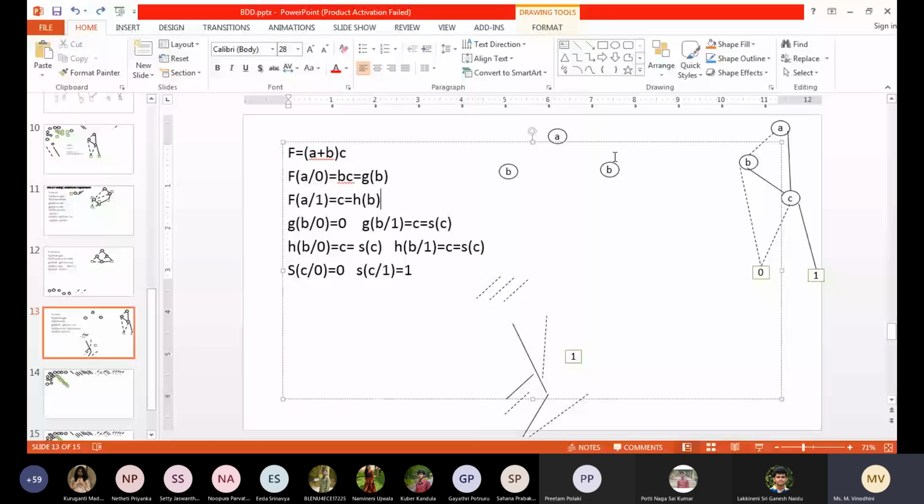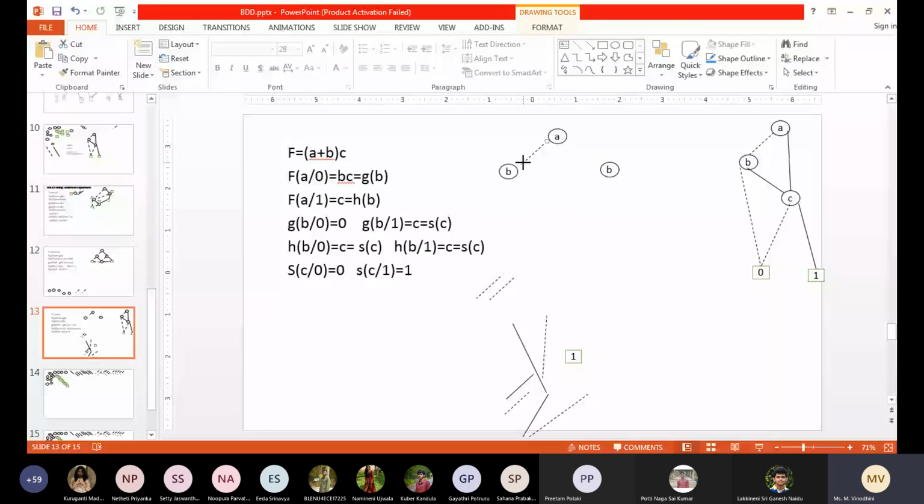So this is because of G of B, and this is because of H of B. G of B, what happens? G of B when it is 0, it is going to 0.